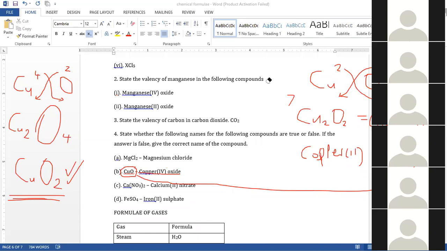When we use 2, realize that we got the right formula. But on using 4, like here on the left hand side, you see that we got a wrong formula. So that's why we said it is false. The right name was meant to be copper 2 oxide.